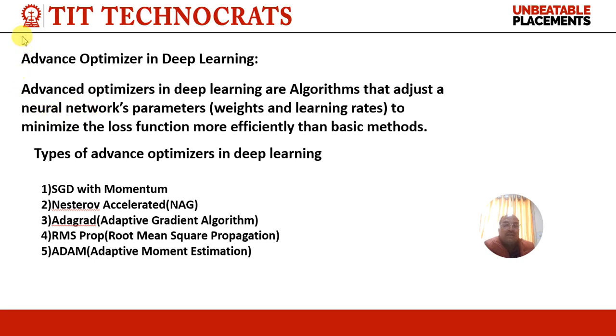Advanced optimizers in deep learning are algorithms that adjust a neural network's parameters, weights and learning rate, to minimize the loss function more efficiently than basic methods. Here the basic method is called gradient descent. These are the advanced forms of gradient descent.